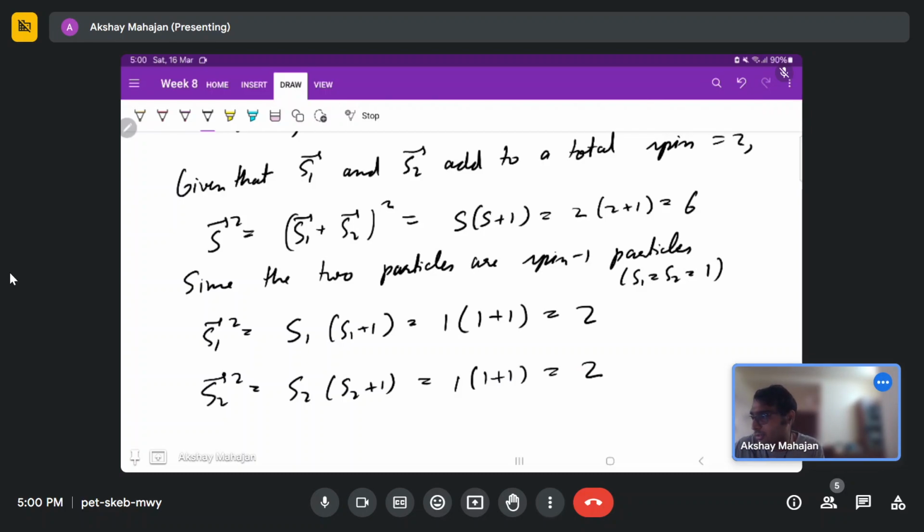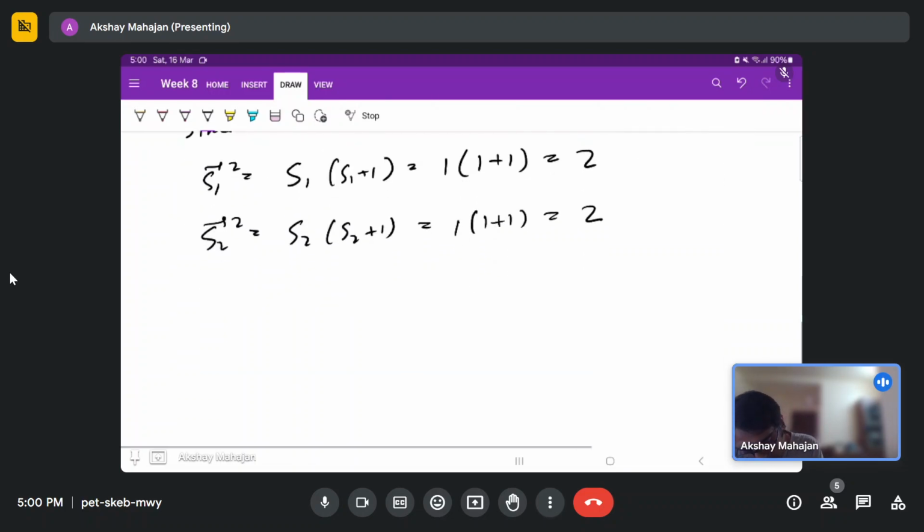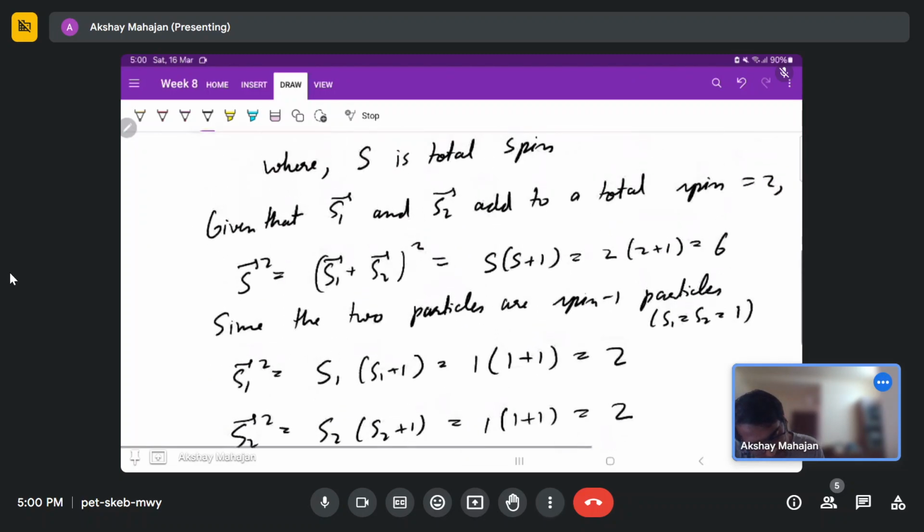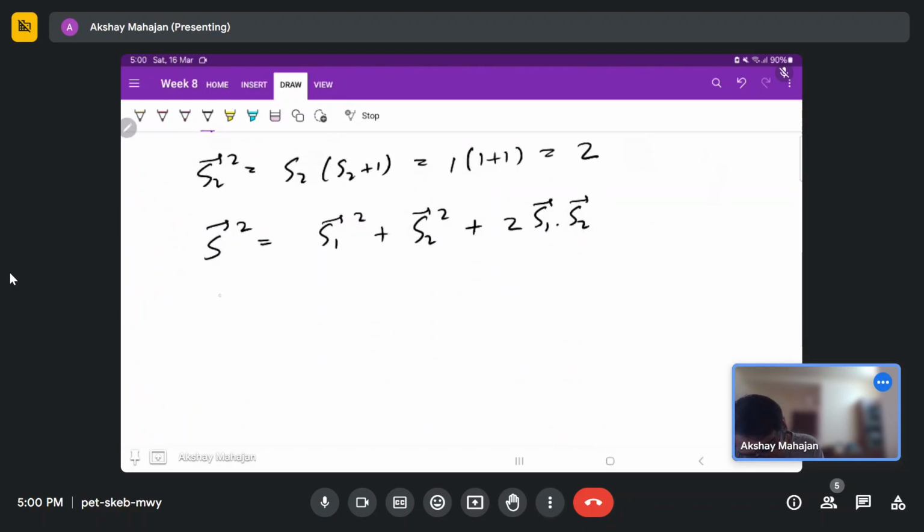So now we just have to put the values in. We have S vector square equals s1 square plus s2 square plus 2 times s1 vector dot s2 vector. Now S vector square we have found is 6, and each of these is 2, so 6 equals 2 plus 2 plus 2 times s1 vector dot s2 vector.